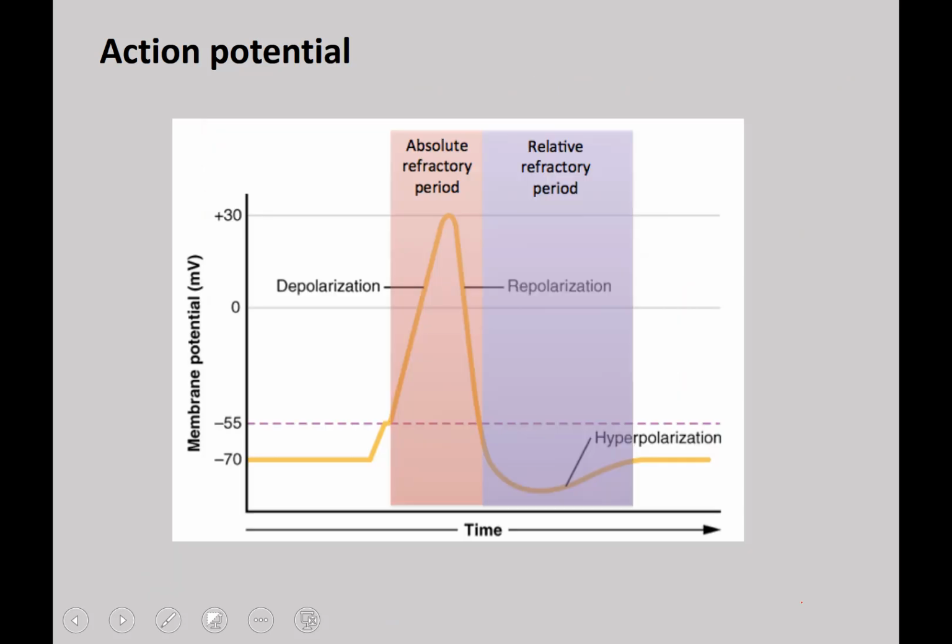When you look at action potential graphs, you may notice something called a refractory period. There's an absolute and there's a relative. And what's happening in the refractory period is it's a time that you cannot start another action potential.